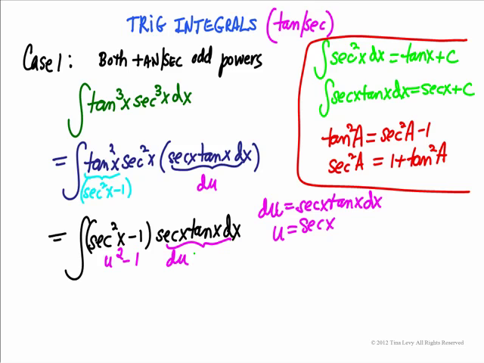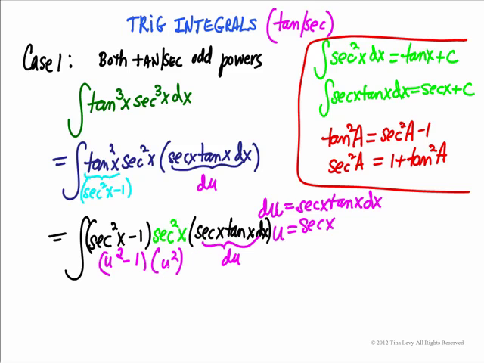I forgot the secant squared, so let me put that in. I now have, with the secant squared, that's u squared. So now this is the integral of, distributing the u squared through, u to the fourth minus u squared du.